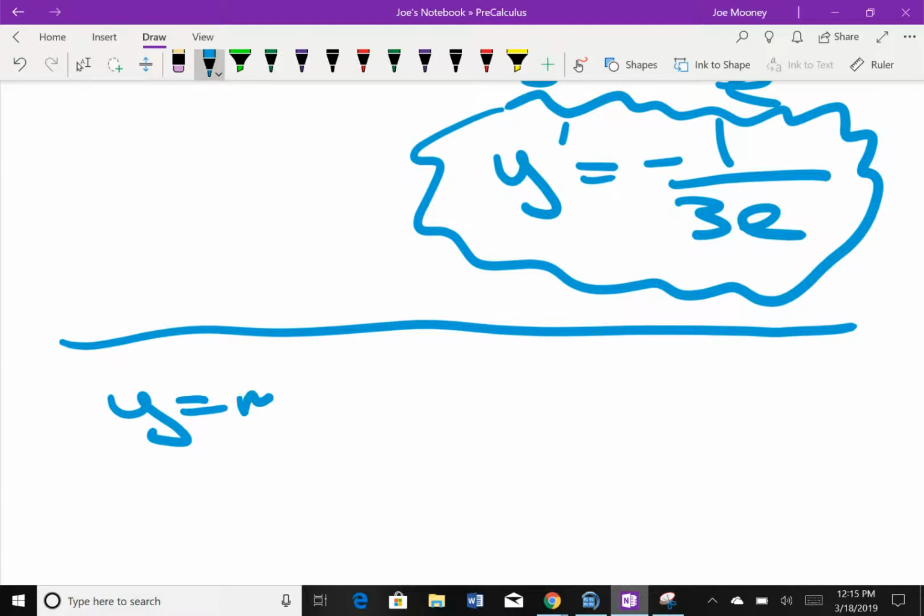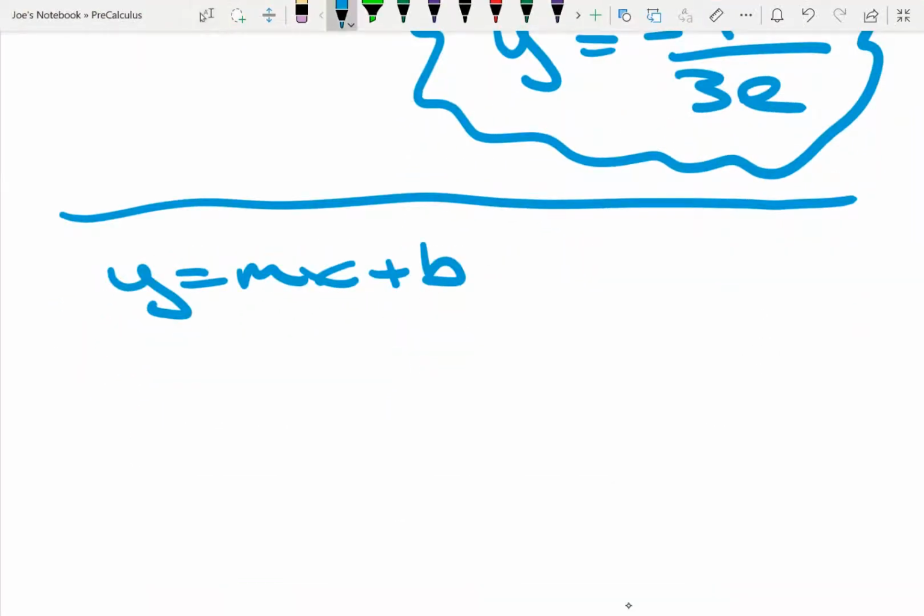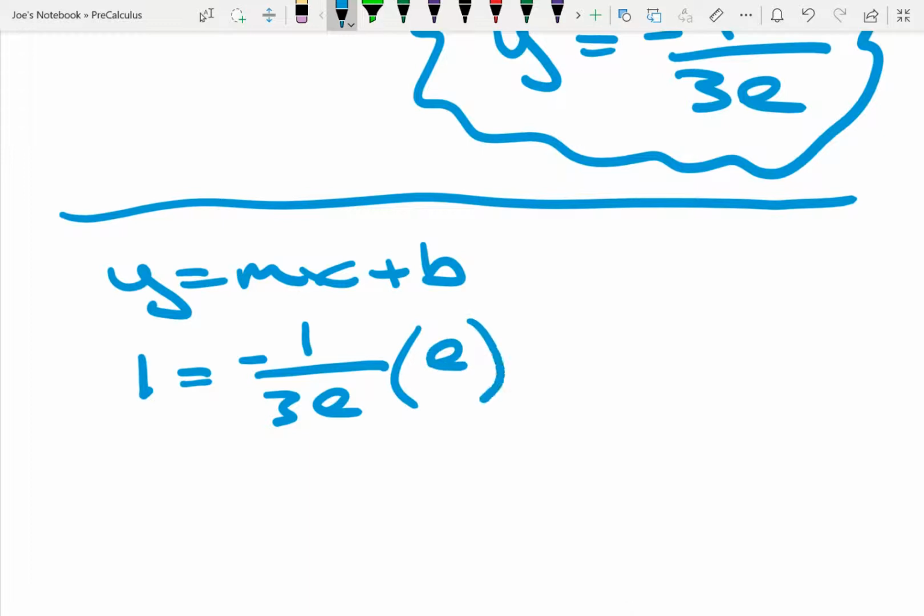y equals mx plus b. Or you can do your y minus y1, whatever you like. We know our y height is 1, when our slope, negative 1/3e, is the slope of the tangent line at that point. My x value is e, plus my b. So I just plug my values into m, x and y respectively.